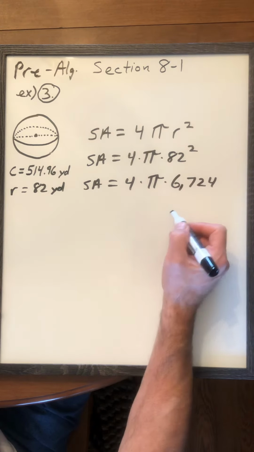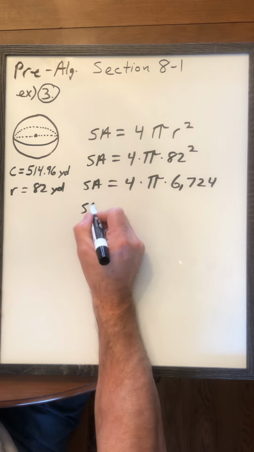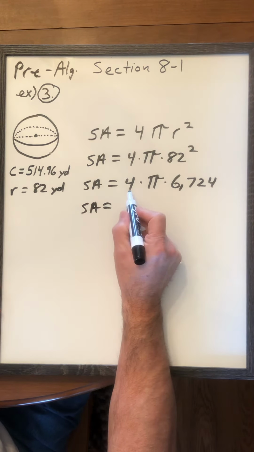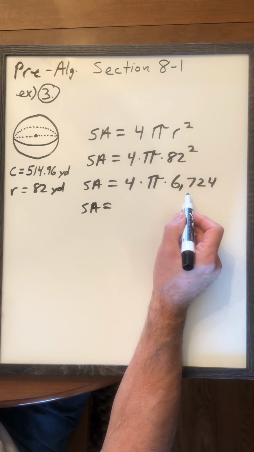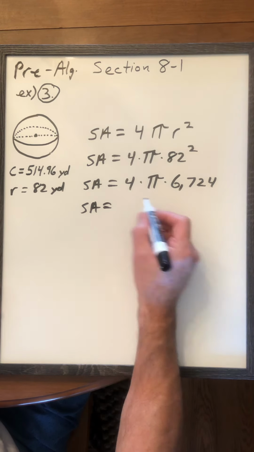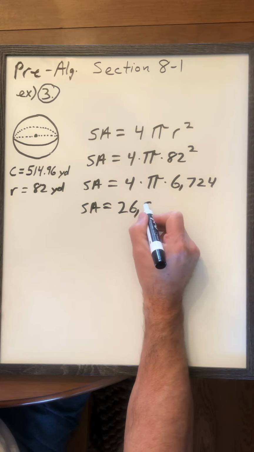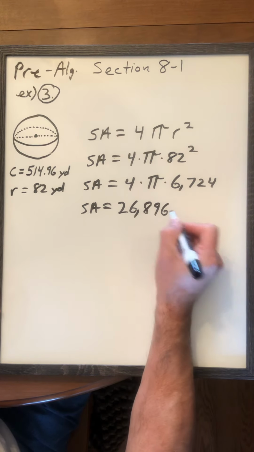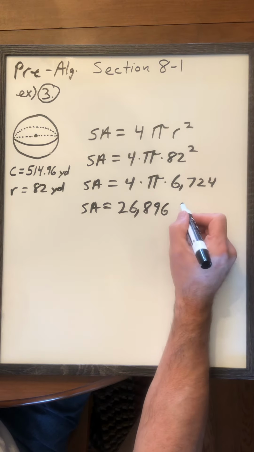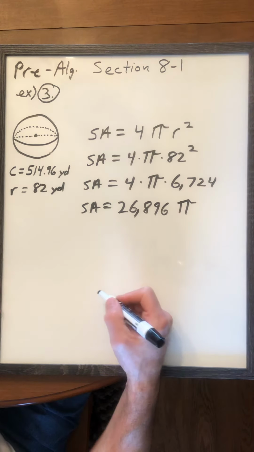And so we take care of our exponent first. Now I'm going to go ahead and multiply 4 times the 6,724, and that's going to give me 26,896.